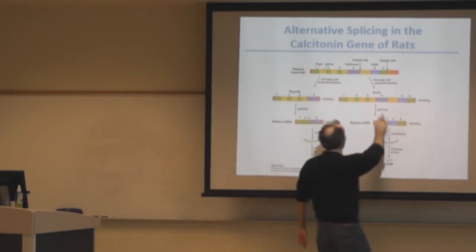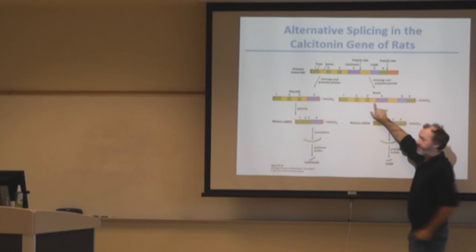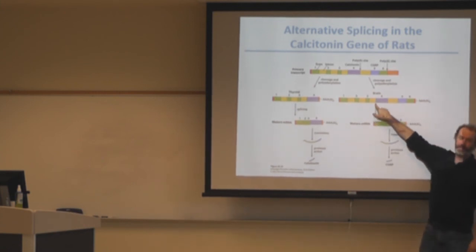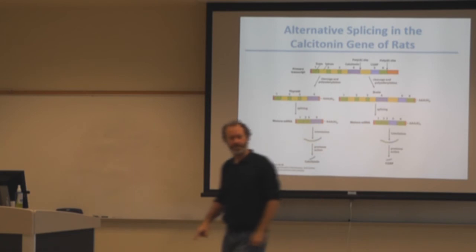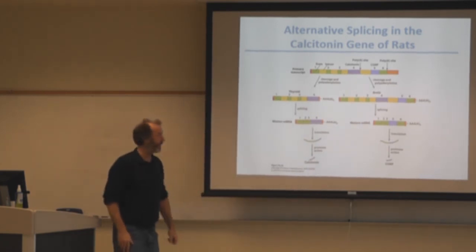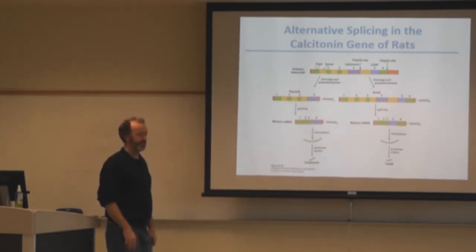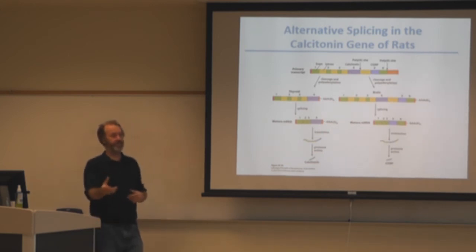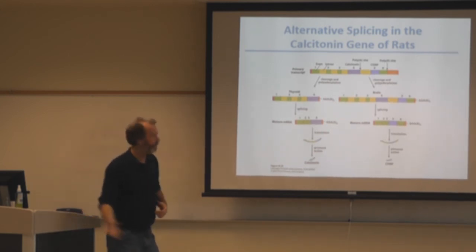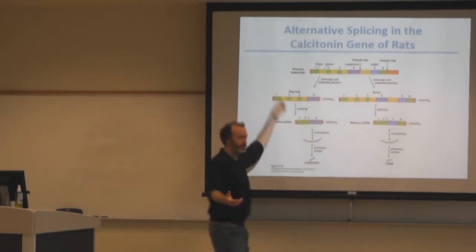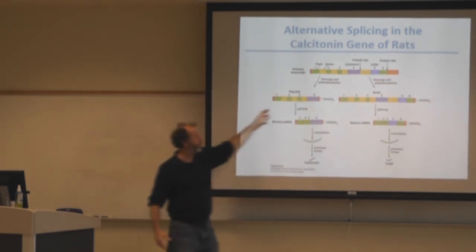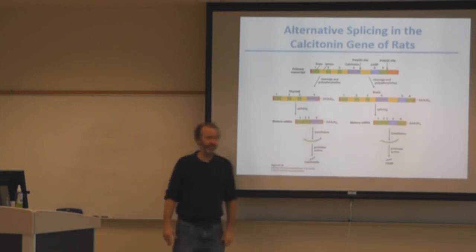So if you have a microRNA, in this case, that blocks the snRNP binding here, it's not going to bind until it gets to here, and then you'll combine this one together. So does that make sense? Yeah. So there's certain microRNAs that can affect this gene splicing. And those will be expressed at different levels in different tissues. So if you have a microRNA here, it's not going to be in the thyroid per se, so you get this alternative splicing there.